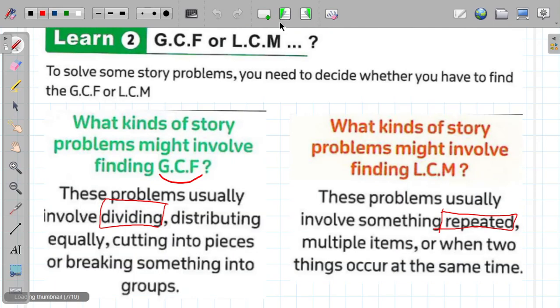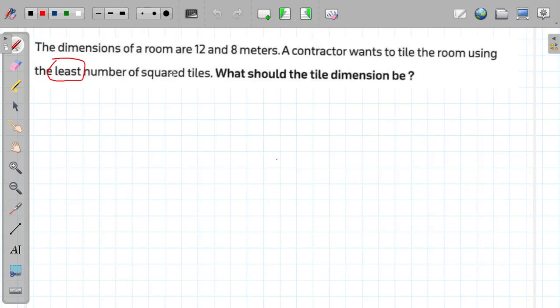Let's go back again in this page. Here I told you that if I want to divide anything, I want to find the greatest common factor. And here I want to divide the room into squares. Okay, so I want here to find the greatest common factor of the two numbers.